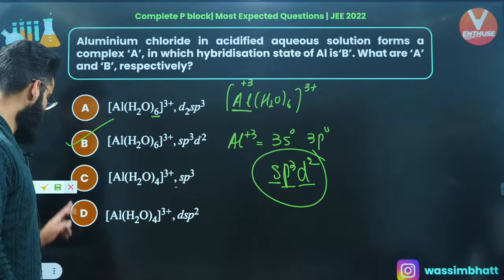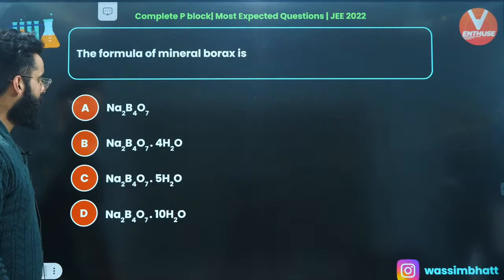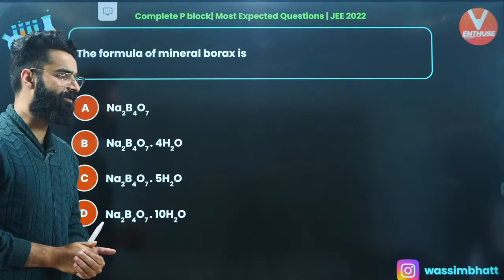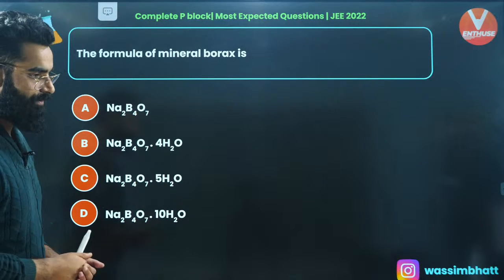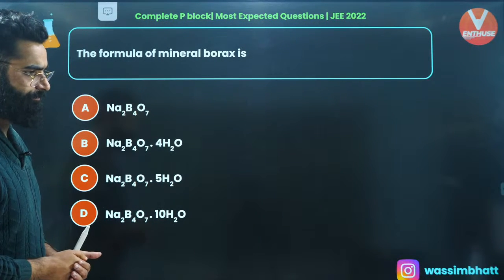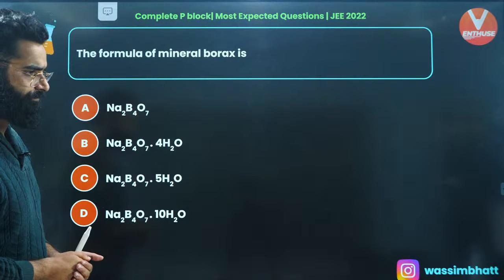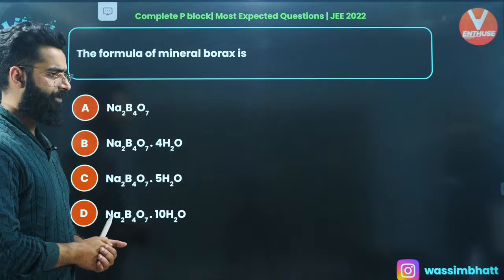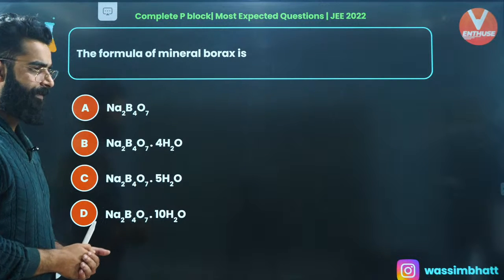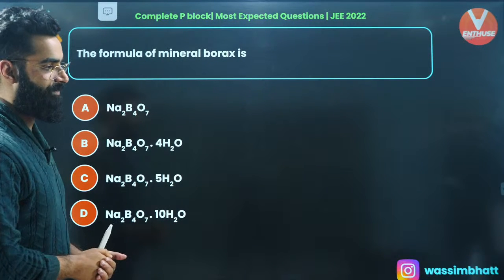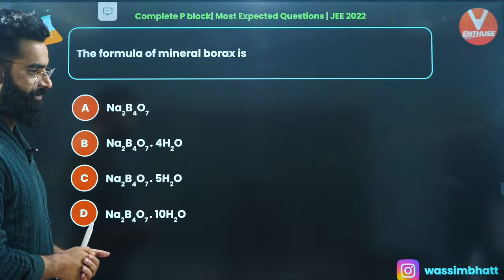Right, people? Okay, the formula of mineral borax. What is the formula of the mineral borax? Let me know quickly the answer of this one. I'm talking about the mineral borax, my dear people.